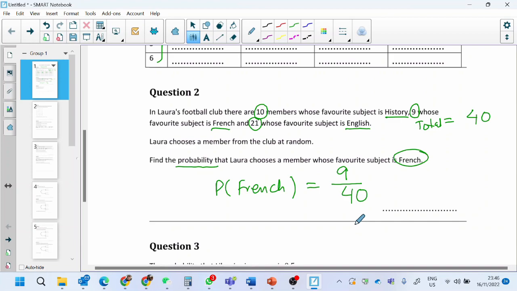Whenever you find the probability of something, you look at the possibility of success divided by the total number of outcomes possible.